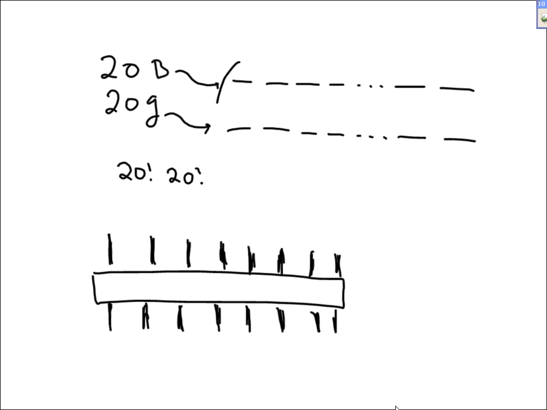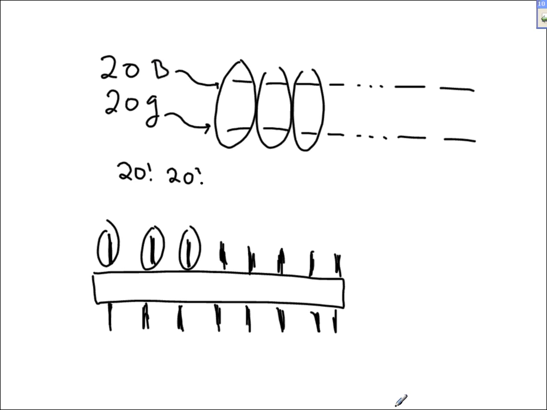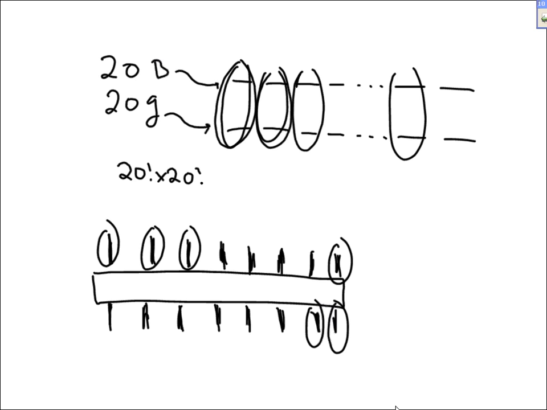And the first 2 will sit here, and the second pair will sit here, and the third pair will sit here. The 10th pair will sit there. The 19th pair will sit here, and the 20th pair will sit there. Okay. So that's the number of ways of grouping the boys and girls into 20 pairs.